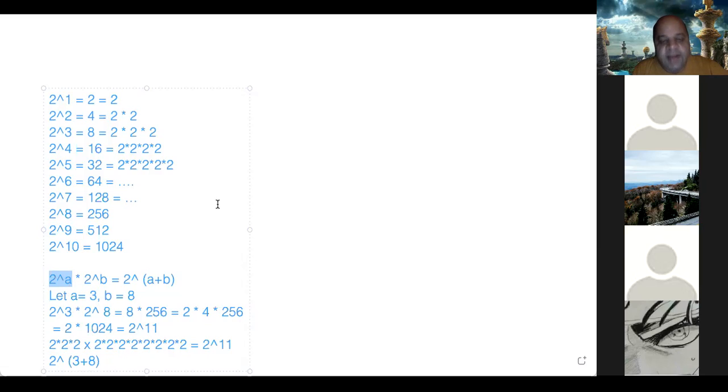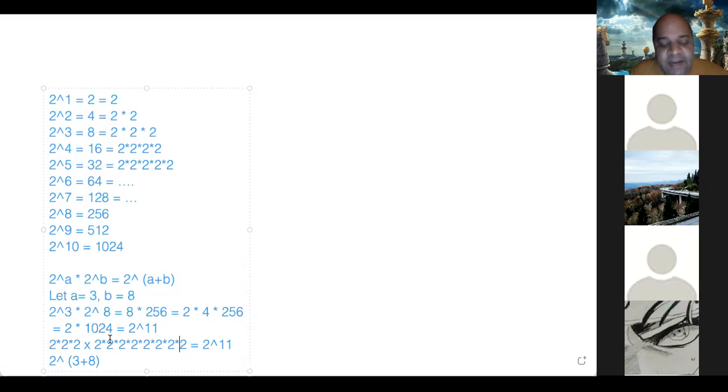Yeah. And the other number, 2 raised to B, is nothing but 2 multiplied by itself B times. Right? B is equal to 8 here, Shreyas chose. So you multiply 2 by itself 8 times. Correct? Yes. Right? Now you multiply both these numbers together, 2 raised to A and 2 raised to B. Then what you will get is 2 multiplied by itself so many times.